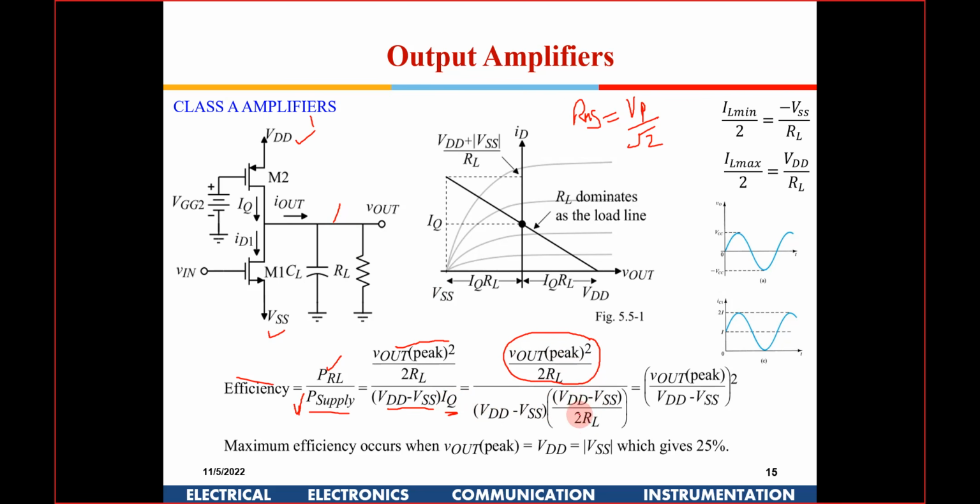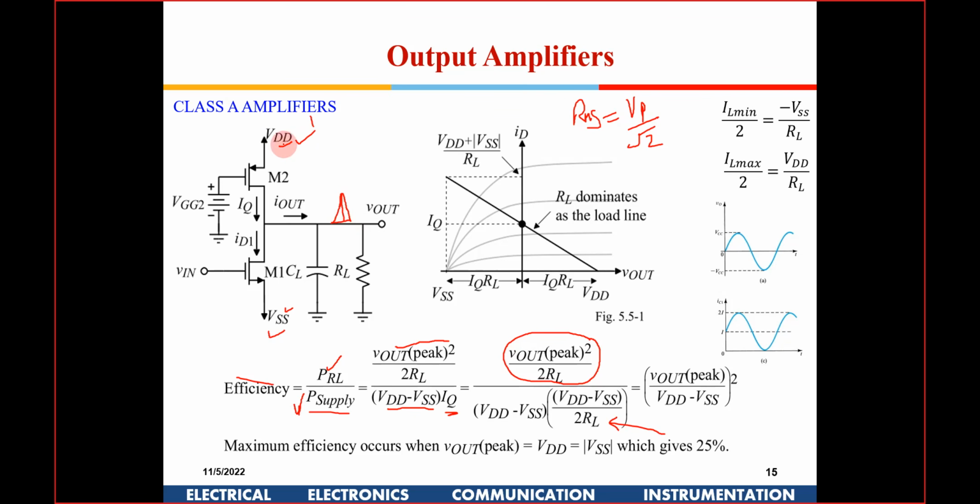So you can write it as VDD minus VSS divided by 2, by RL. This IQ, why have I written this? Suppose let's take a case where the output can go maximum up to VDD. So this is the peak voltage.